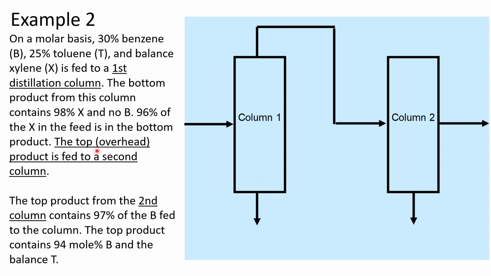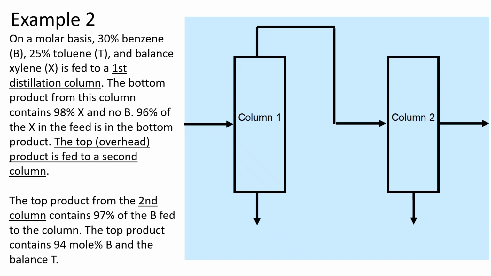We're told that the top or overhead product is fed to a second column, and you can see the column here. The top product comes out and is fed over to a second column. And the last part of the problem description that is relevant is that we do have a second column. The underlined sections here allow us to draw the structure for this process without labeling the streams.